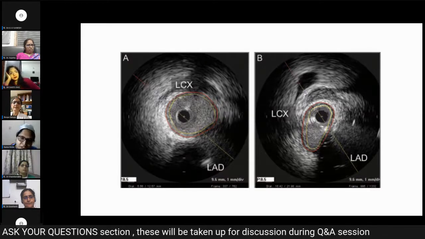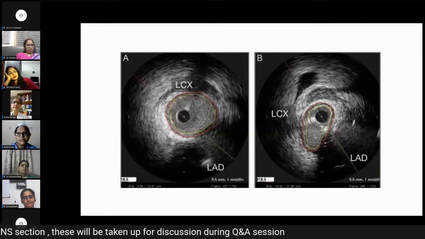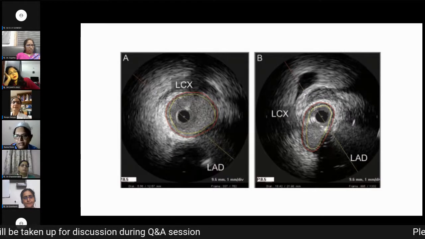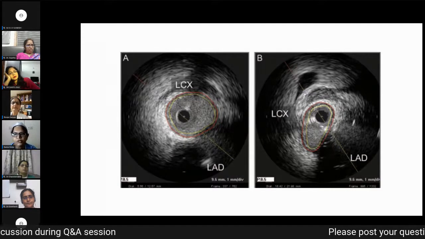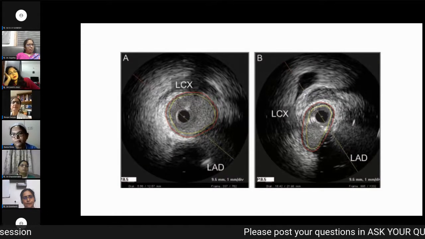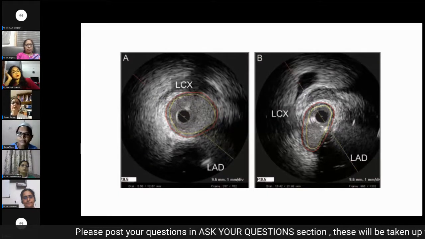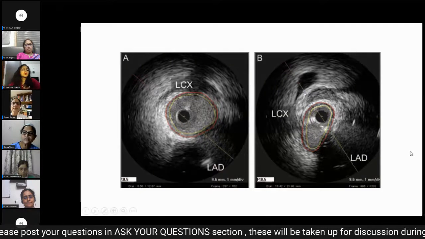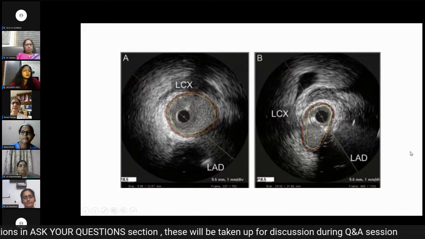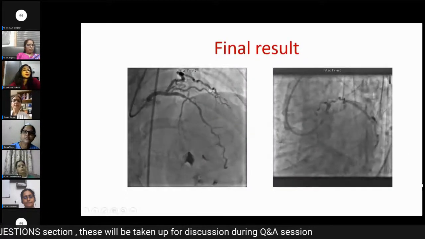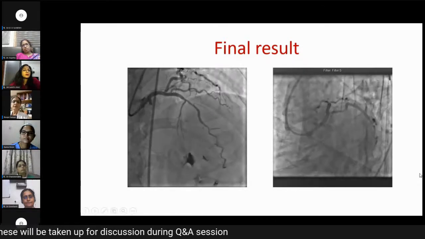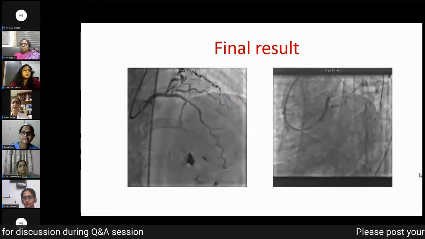This eccentric shape itself is not a reason for concern. If the area is good enough, then it doesn't require anything else. You don't have to think it is pinched just because the ostium is elongated or deformed. So in our case, the areas were good. The ostium seems to be okay. So we decided to leave it at that. So this was our final result.